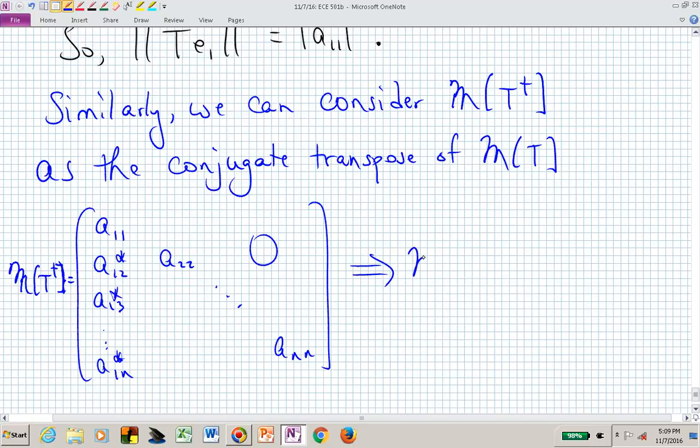But now if we look at the matrix representation of T dagger operating on E1, what happens? For the specific E1 that we had before, E1 was this 1, 0, and zeros everywhere else. So this is going to pull off the first column of the matrix representation of T dagger. We now have A11, A12 star, A13 star, A sub 1n star.